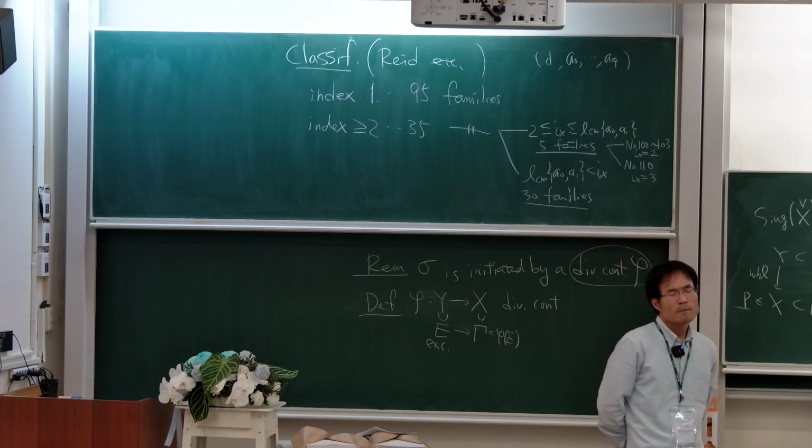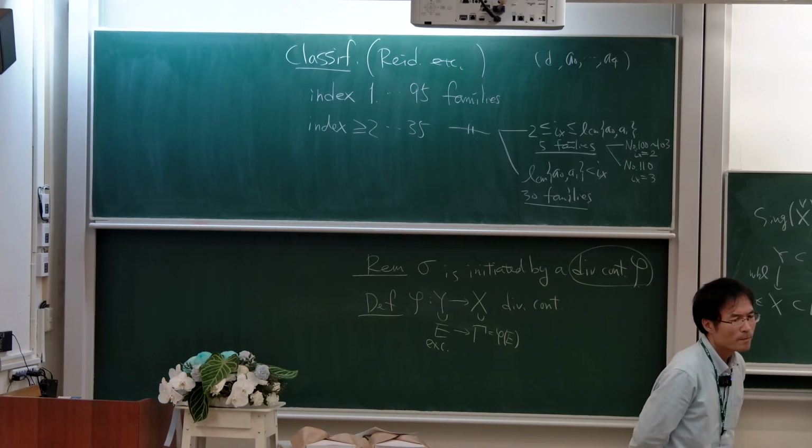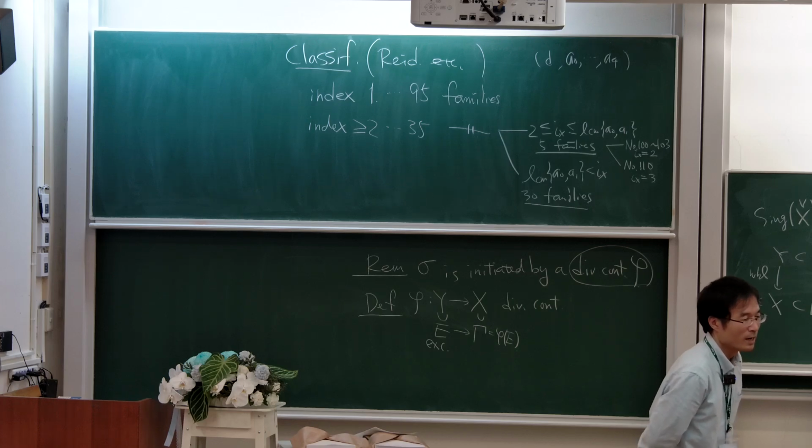I had another complicated question. Among these varieties, many are certainly not rational. So do you know anything about stable irrationality?